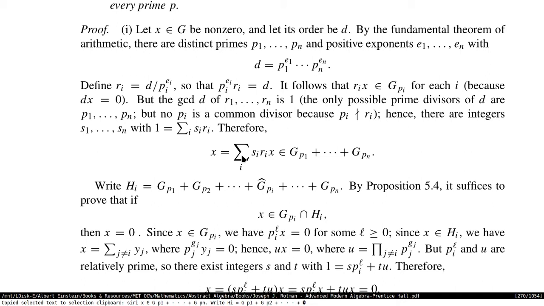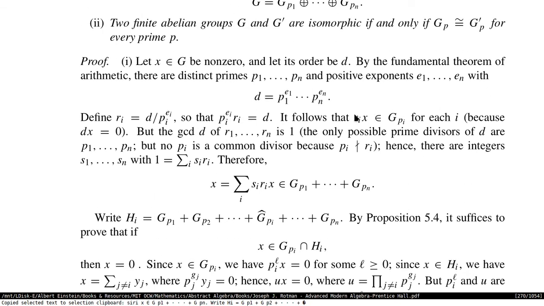Now each of these is, because we just said Rix is already in the p primary components, right? So if you have this integer, it doesn't hurt. It's always going to be 0, and you're going to be in these p primary components, and when you take the summation of all these, you're going to be in the sum of all the p primary components.